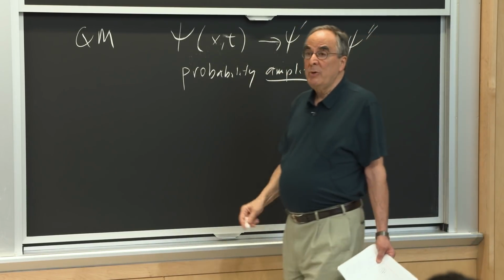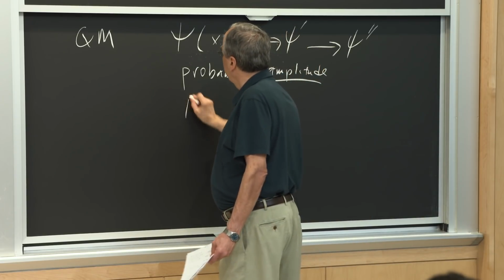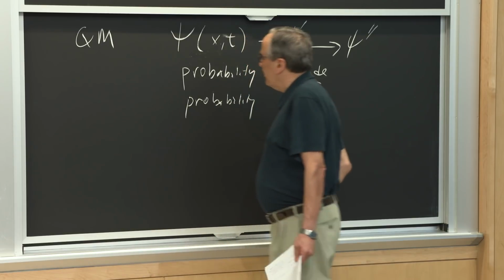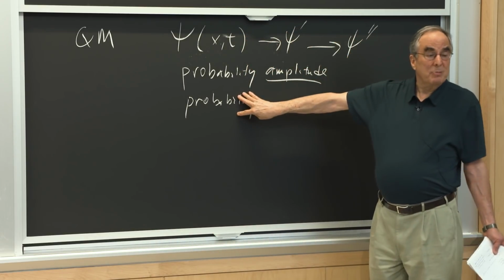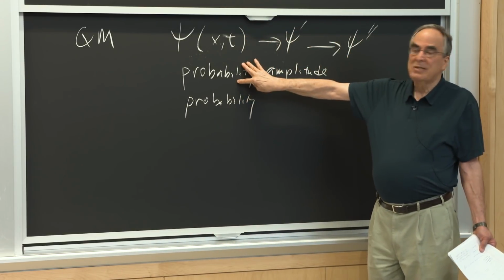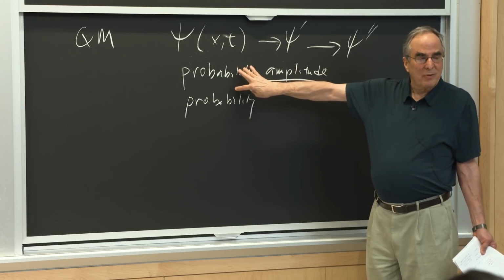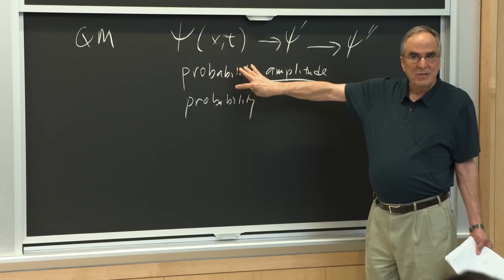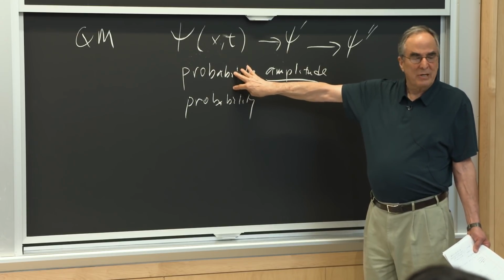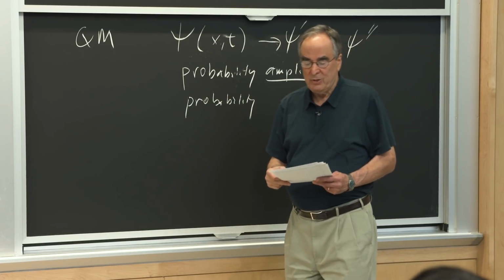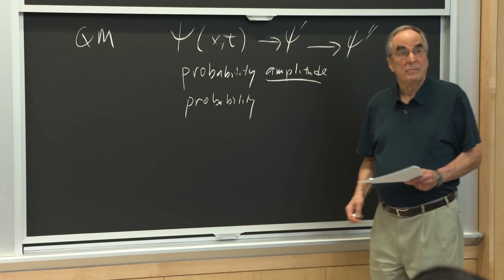And mostly when we detect things, we're detecting probability. This is always positive. These can be positive and negative. This is essential for quantum mechanics. It's essential for understanding the two-slit experiment. But we have to do an awful lot more to make all of this concrete.